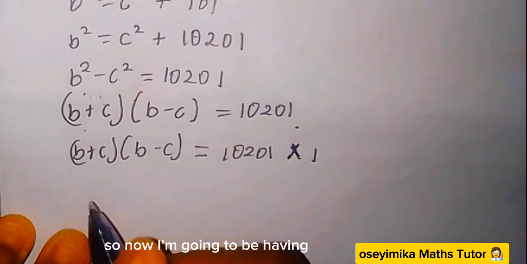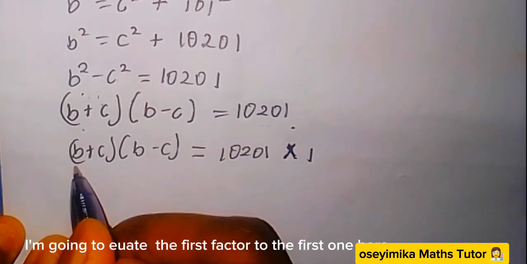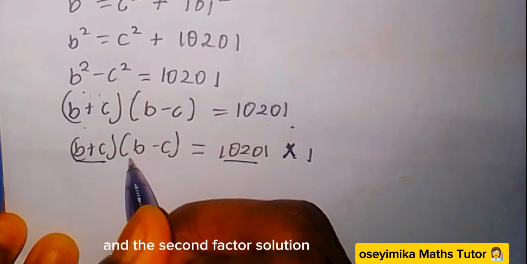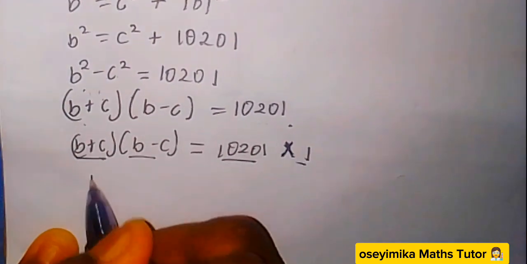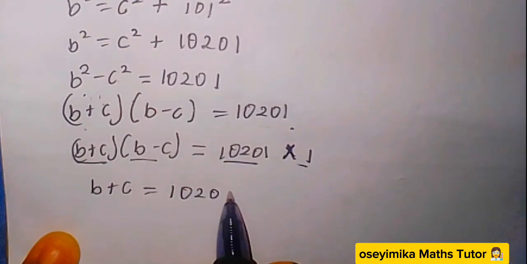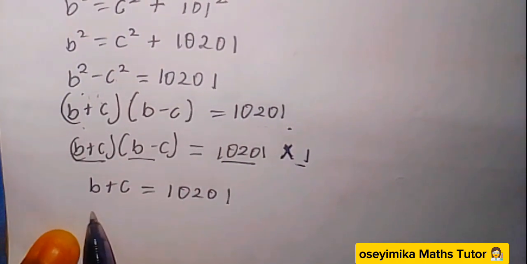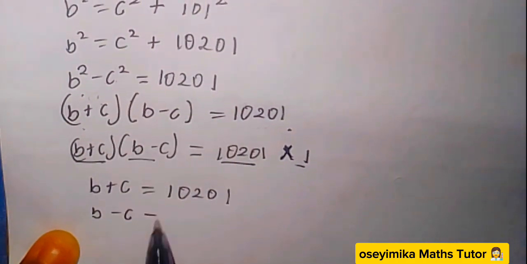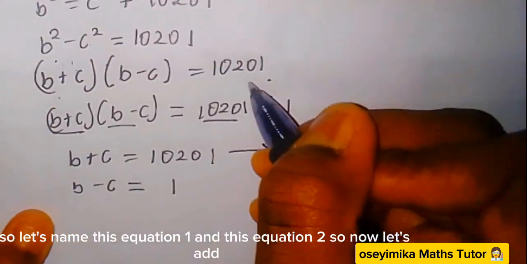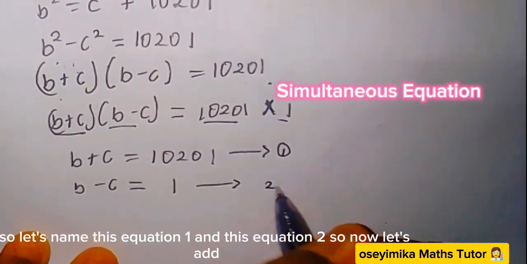Now we're going to equate the first factor to the first one here, then the second factor to the second one. So we have B plus C equals 10201, then B minus C equals 1. Let's name this equation 1, then this equation 2.